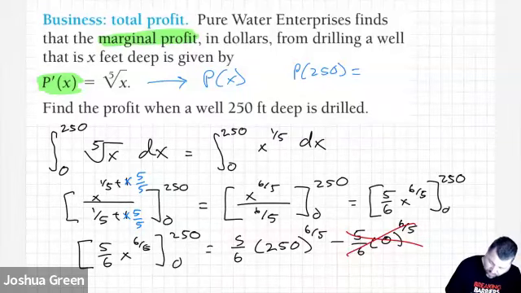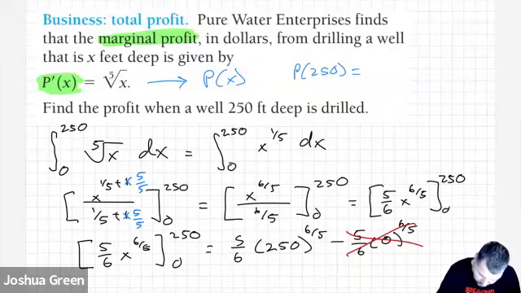But this is definitely a situation where let's round it to the nearest whole foot. No, sorry, this is going to be the profit. So let's round to the nearest dollar. 250 feet is the depth that we're at.